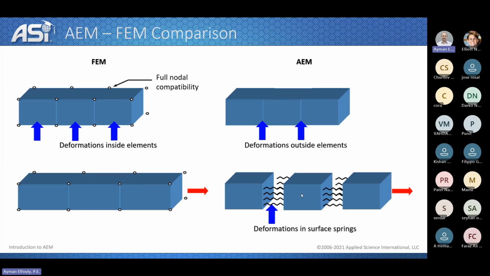So, for example, if this was a reinforced concrete column and we are applying a tension load here, we will see that these springs are going to reach their tensile stress, and then they are going to fail. And when they fail, we have the ability to separate the elements from each other.